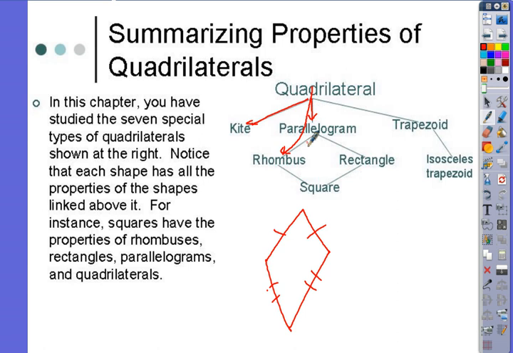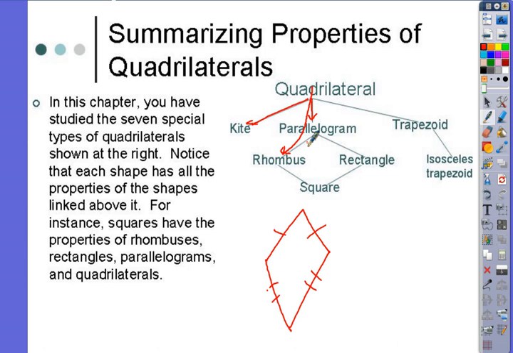Now, what about a trapezoid? If from the quadrilateral freeway, we didn't have a kite and we didn't have a parallelogram, there's one other kind of special quadrilateral we could have, a trapezoid. Well, what's the definition of a trapezoid? Quadrilateral what?